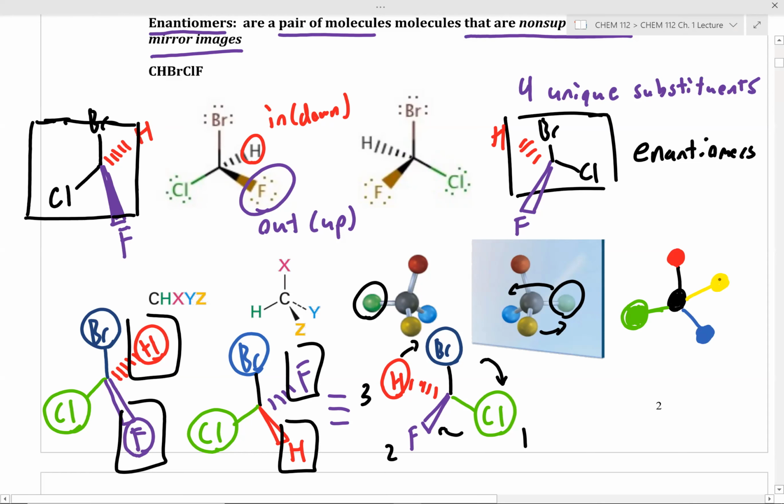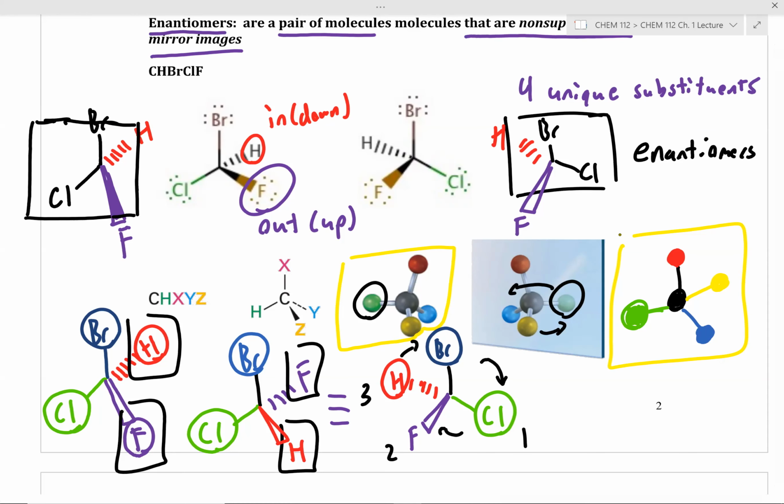And no matter how hard we try, if we try to overlay our two enantiomers, as we can see, our substituents are in different relative positions in these two structures. They are non-superimposable mirror images.